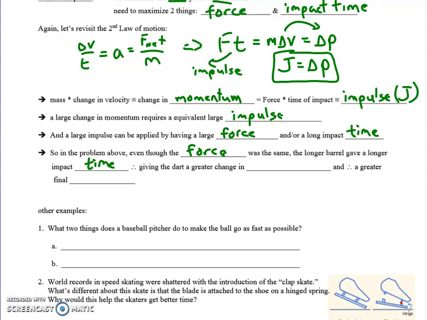Therefore, giving the dart a greater change in momentum, because a force times time is an impulse, and an impulse is equal to a change in momentum, and therefore greater final speed. Okay, and that's something you want to understand.